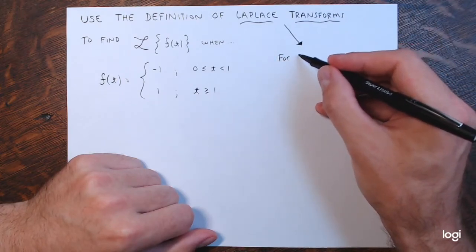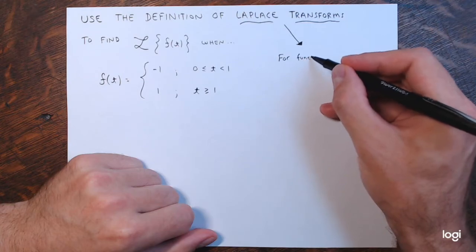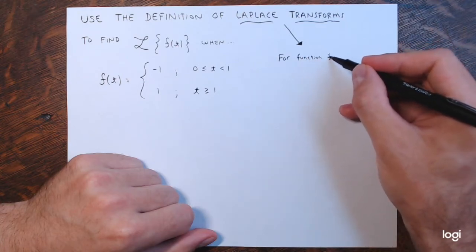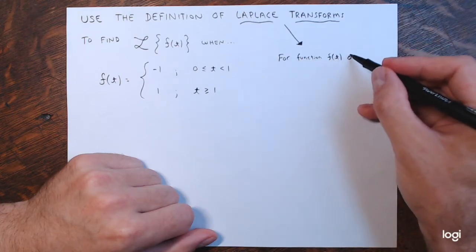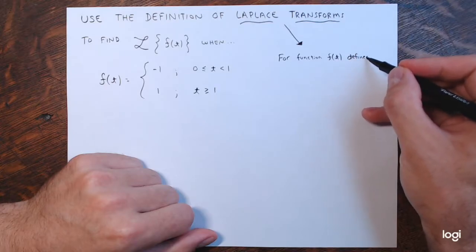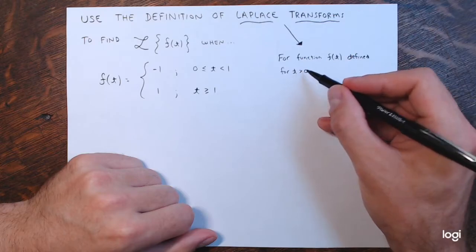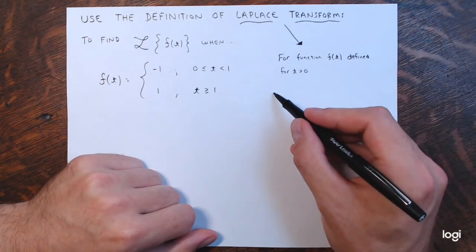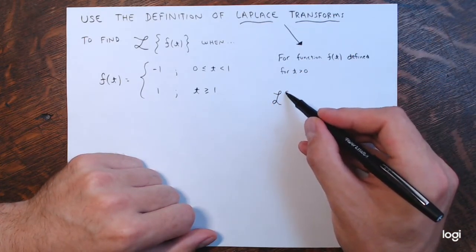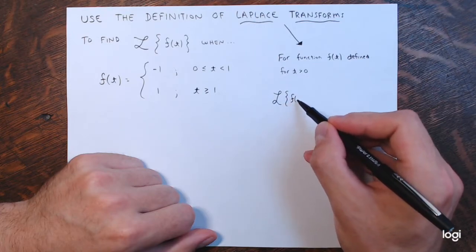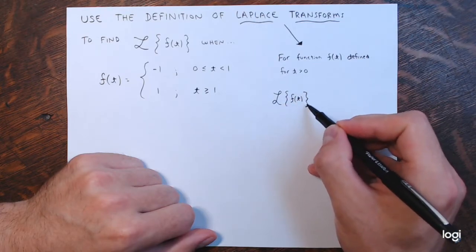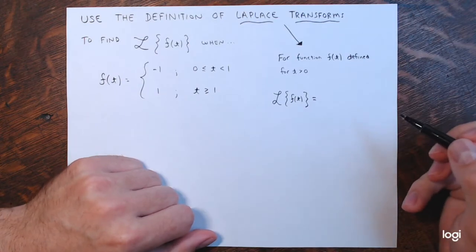So for a function f of t defined for all positive values of t, the Laplace transform of f of t is an improper integral.